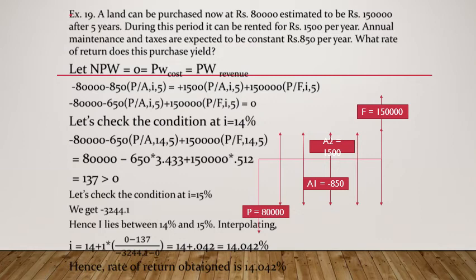And what is the rate of return? A1 is given as 850 and A2 is given as 1,500, right? And I can solve it directly.